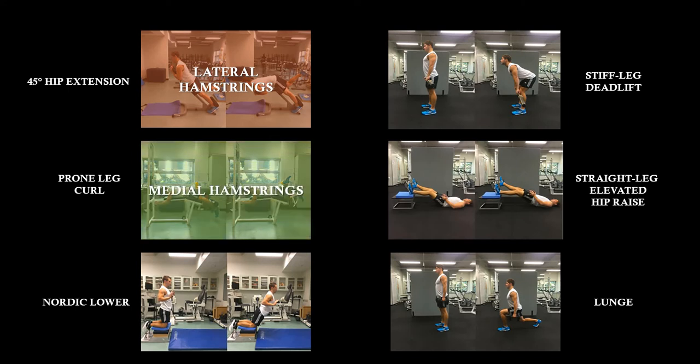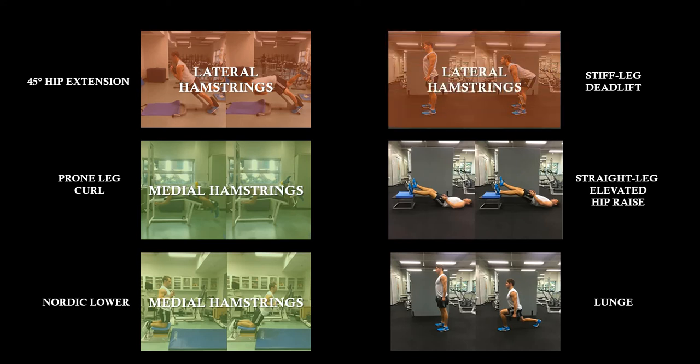The dreaded Nordic lower, the motion is very much occurring around the tibiofemoral joint, therefore it is also an exercise of the medial hamstrings. The stiff-legged deadlift, if performed correctly, this person is performing it with hip flexion and a degree of knee flexion as well, but if the knees are kept relatively straight, it is obviously going to recruit the lateral hamstrings because it involves hip flexion.